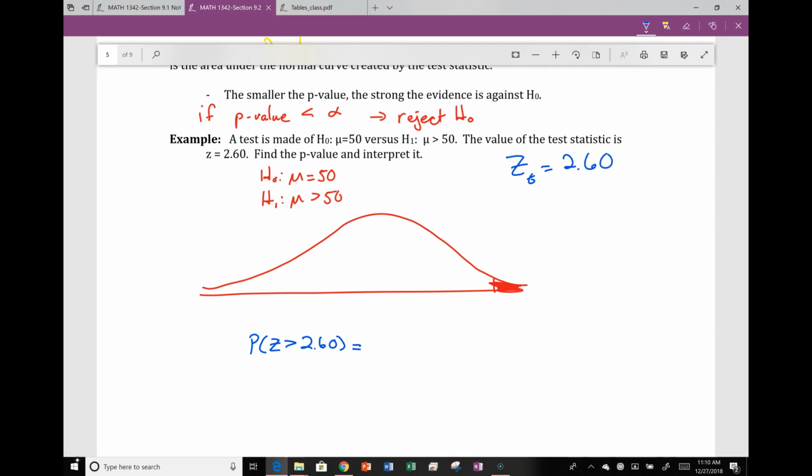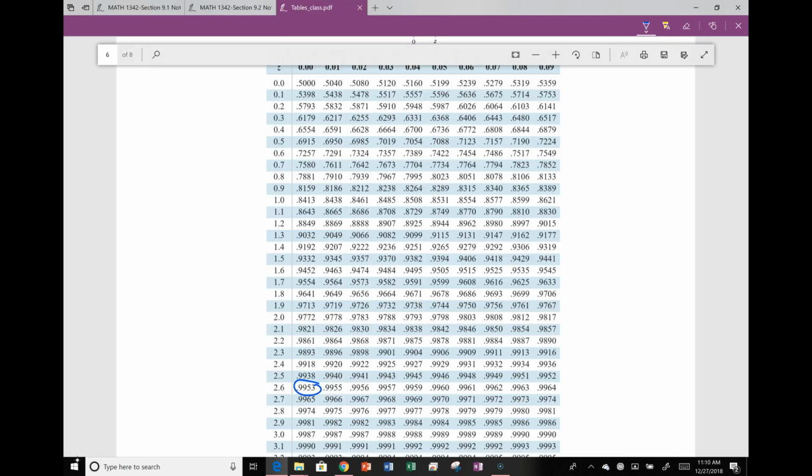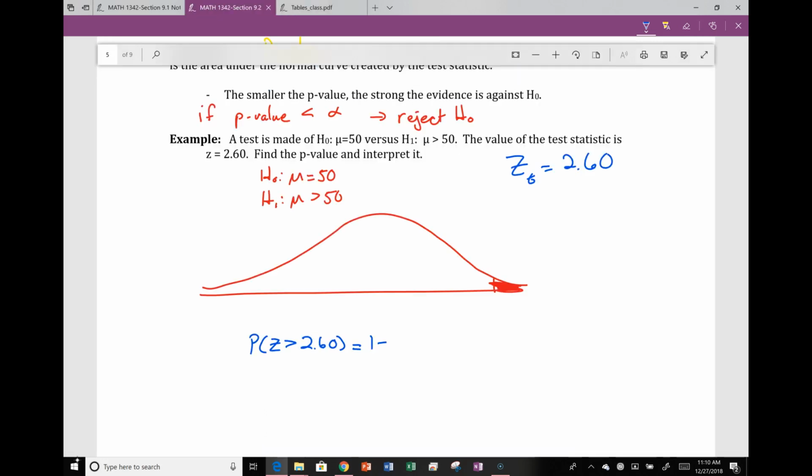Remember, whenever it's on the right side, we had to subtract from 1. So 1 minus that value that we looked up, 0.9953, we get that our p-value is 0.0047.